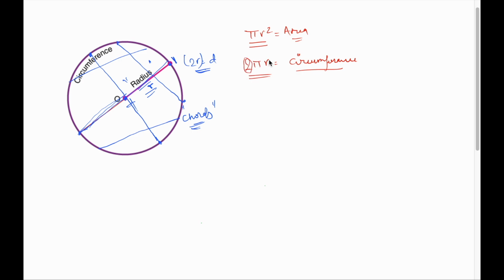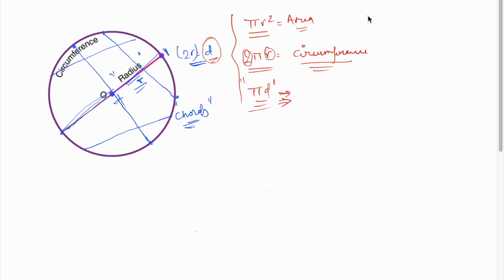Because 2r is equal to d, we can just write pi d as well, because sometimes we are given the diameter d, and it is often easier to just plug it into this formula to calculate the circumference of the circle. These kinds of questions may arise in comparison questions, for example, and you have to do things really quickly, so you can use these formulas to calculate the values.